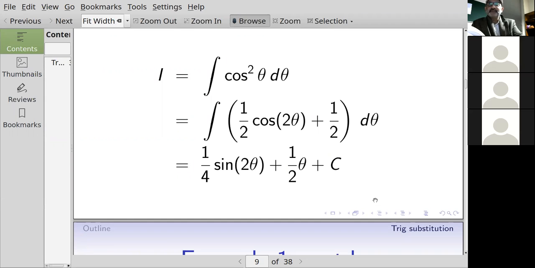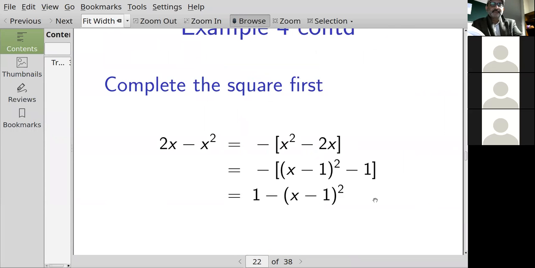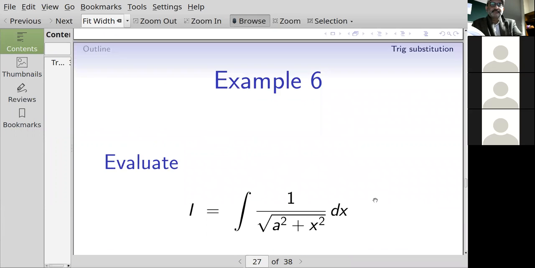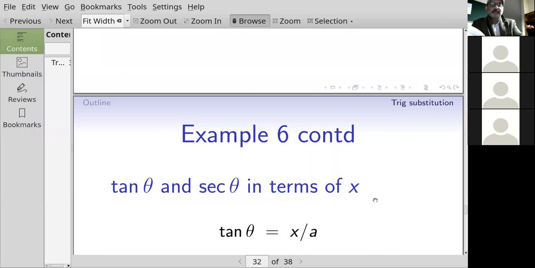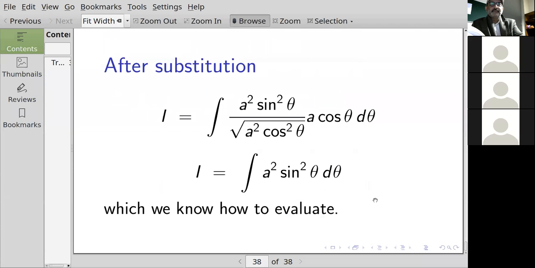So 1 minus this is 1/2 minus 1/2 cos of 2 theta. And then you have something that's easy to integrate. So you know how to integrate that one.